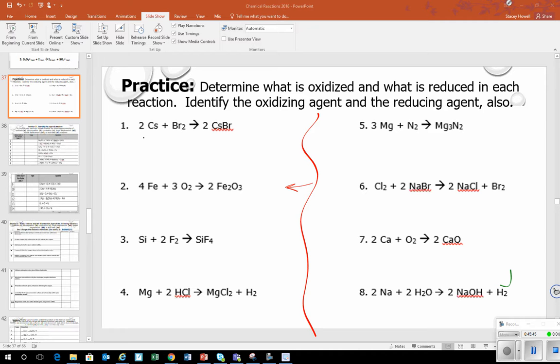I want you to find what's being oxidized, what's being reduced, what's your oxidizing agent, what's your reducing agent. I got like 0 and 0. Right? So what does Cs have to be? That's one of our rules. First column: +1. The first one's, no, that's 0. Any element by itself is 0, but when it comes here, it's +1.